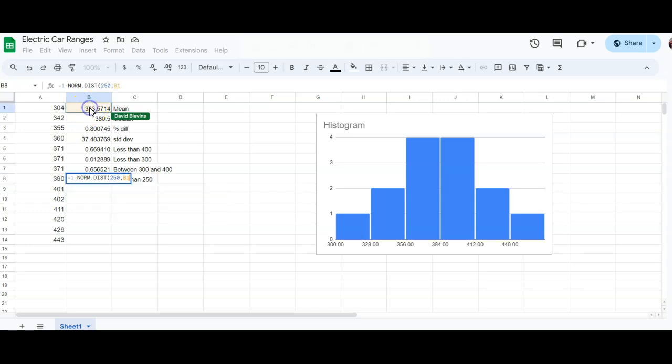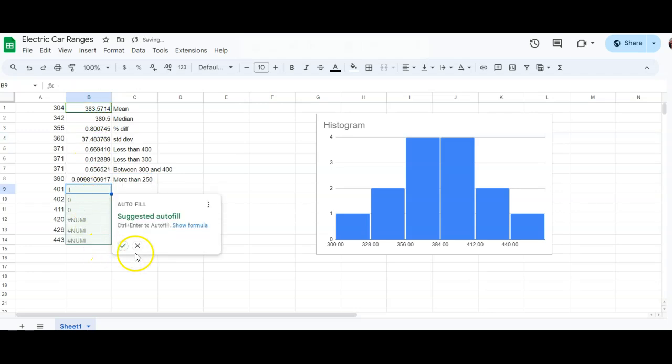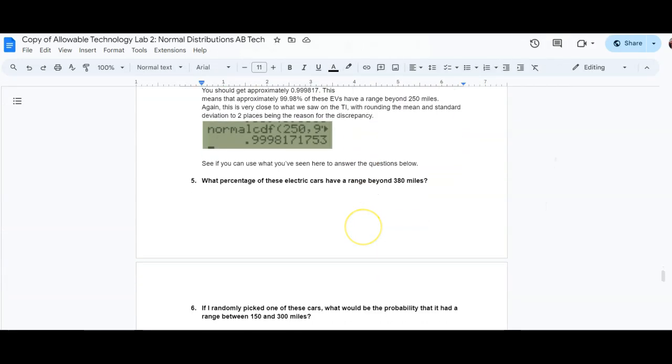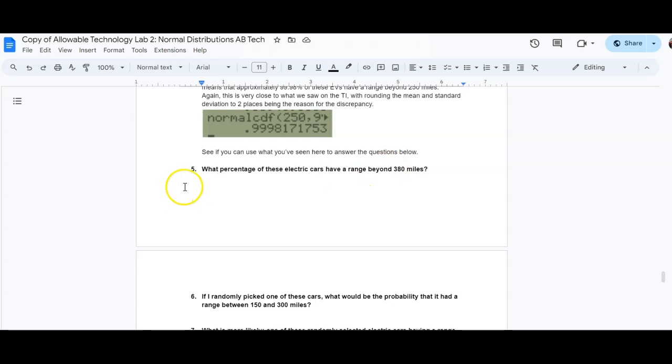Click the mean, comma, click the standard deviation, comma, don't forget to click 1, hit enter. All right, so there is the probability I last more than 250 miles: 0.99982 roughly.